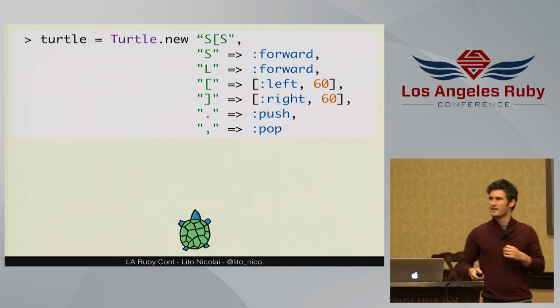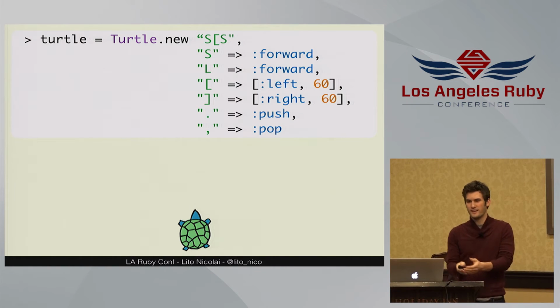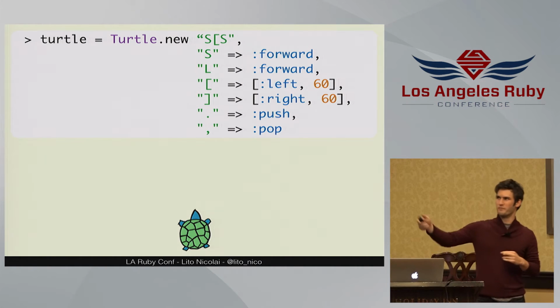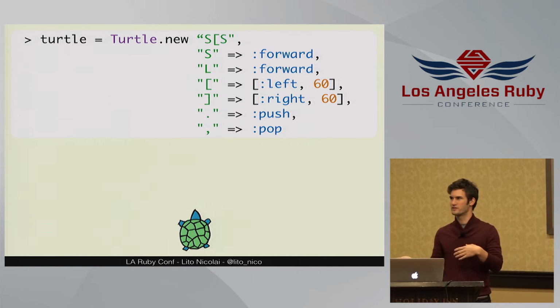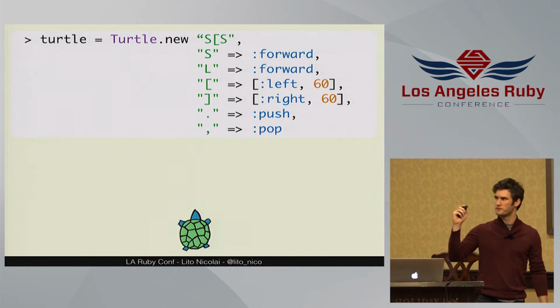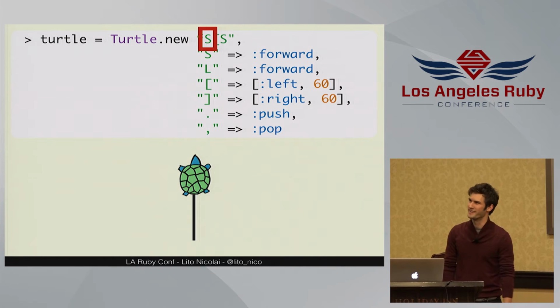Like, here's a new turtle. The string we're going to have it draw is S, left bracket, S. And I'm going to tell it S means go forward, L means go forward. We don't see that. Left bracket means turn left, right bracket means turn right, and push and pop. And so I'm just going to walk through how that works. So we're first going to go S. All right, turtle knows that means to go forward. Left bracket, turn left.